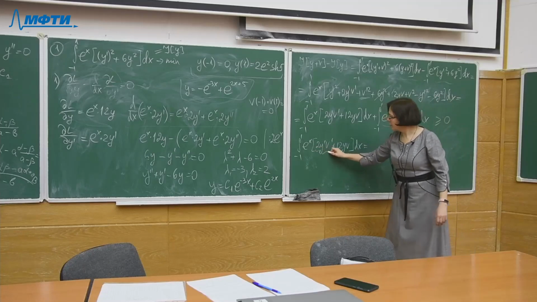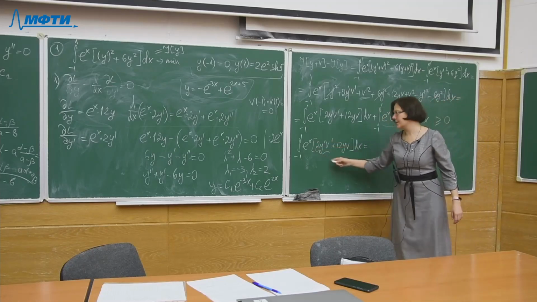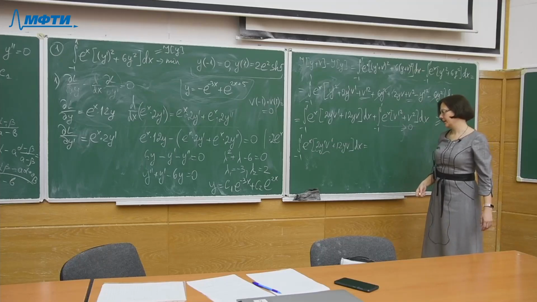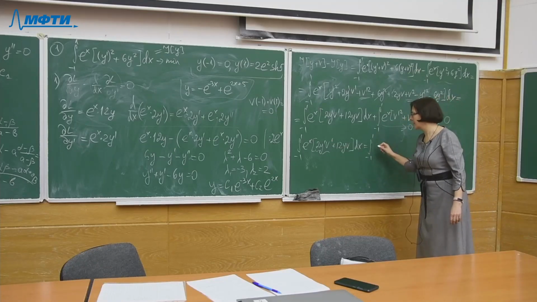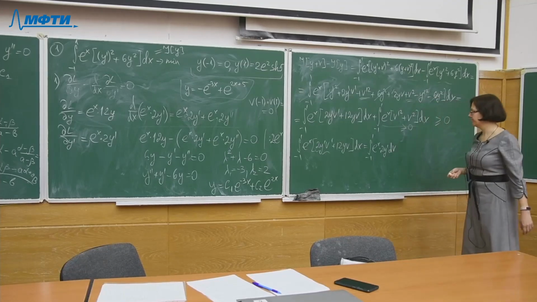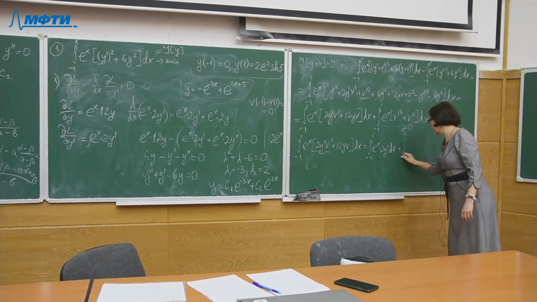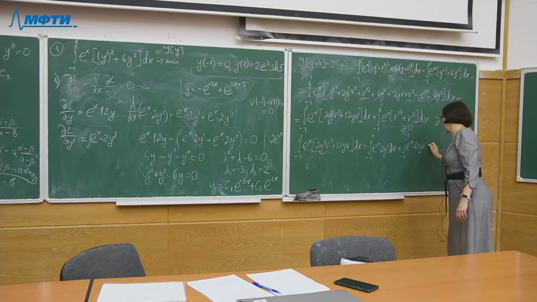I want to apply the formula of integration by parts to this term. So I will rewrite this as the integral from -1 to 1 of e to x times 2y prime dv, plus the last part of the integral, e to x times 12yv dx.